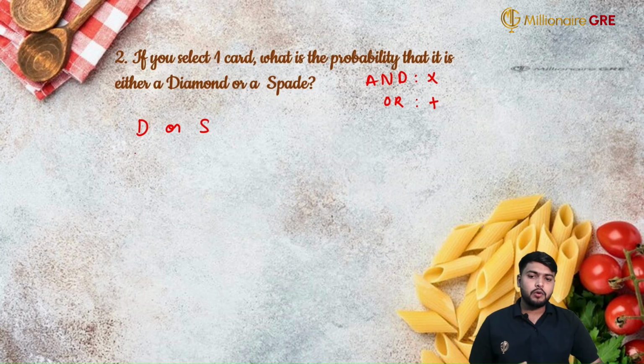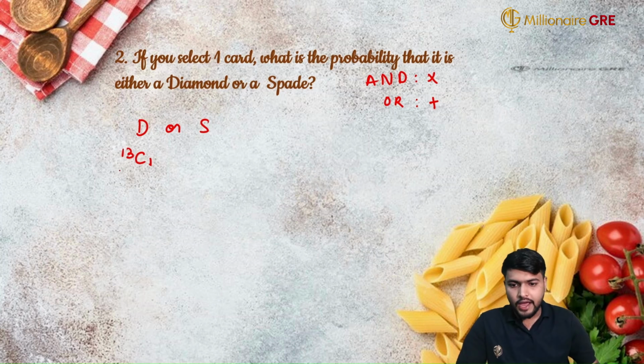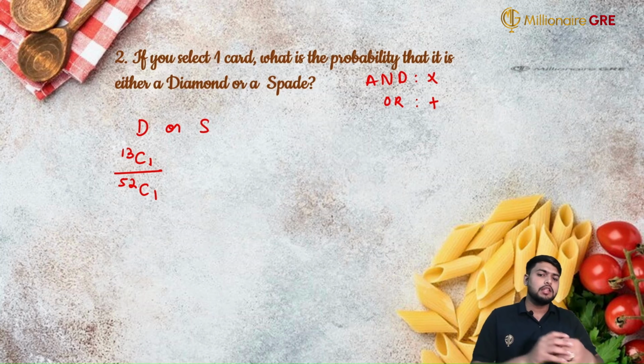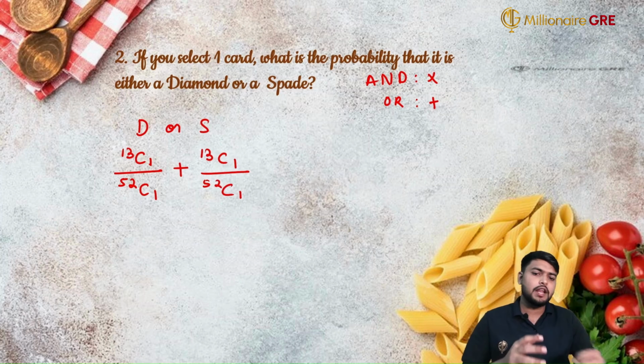Now we have to find the probability that it's a diamond. There are 13 diamonds. You can select one diamond out of 13 diamonds in 13C1 ways, and the total ways to select any card out of 52 cards is 52C1. This is the probability that the card is a diamond. OR means addition: the probability that the card is a spade is 13C1 ways to select one spade over 52C1 ways to select one card out of 52 cards.